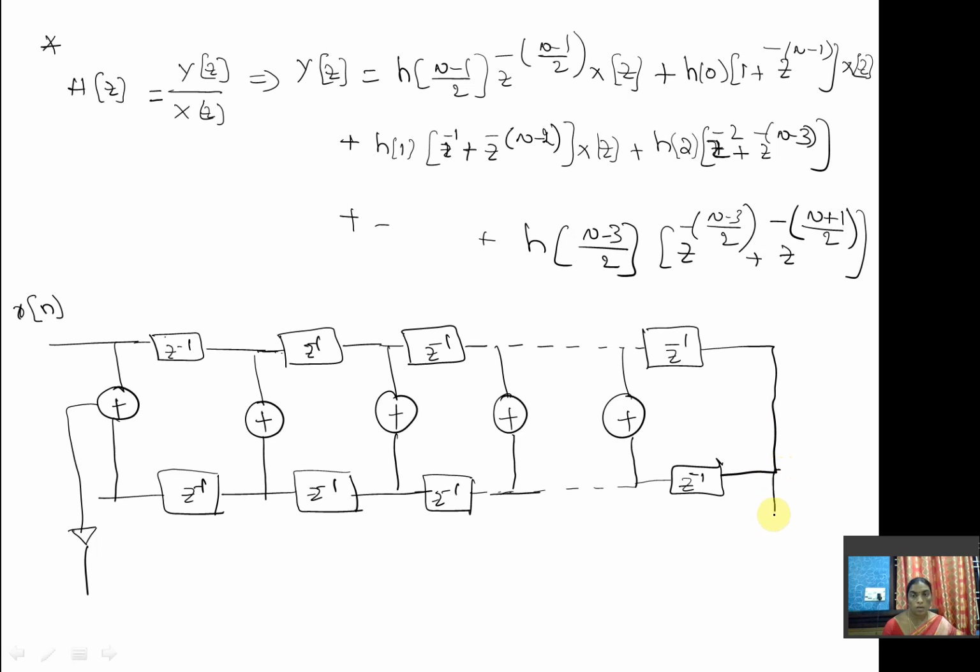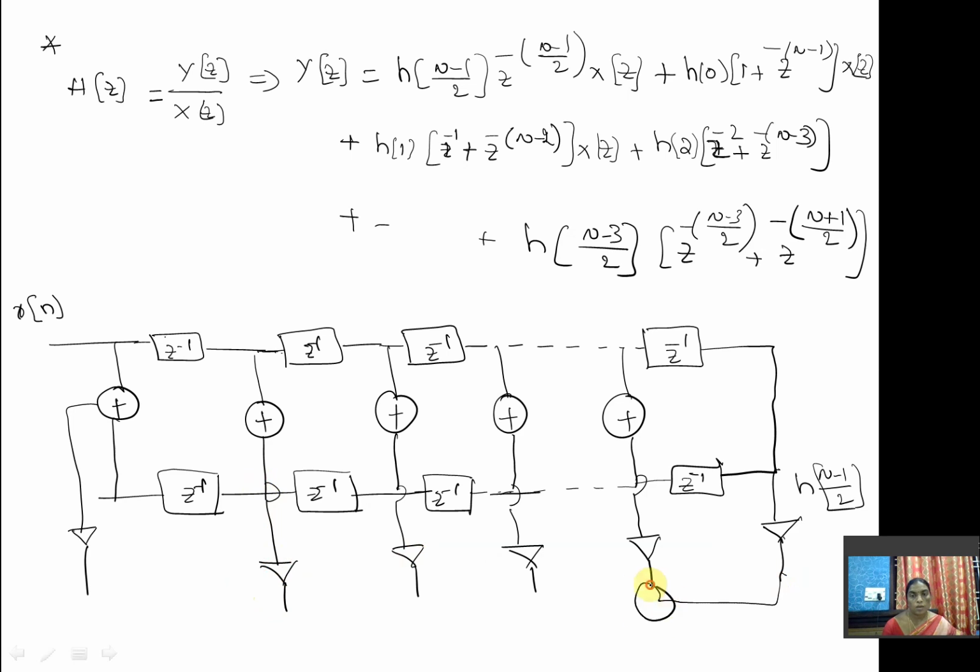Then add one multiplier, the middle one, this one. Now add all these resultant ones like this. This is y(n).